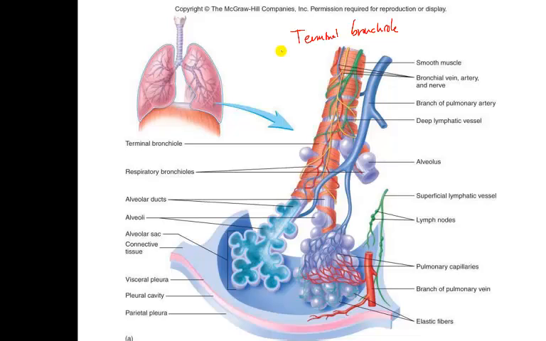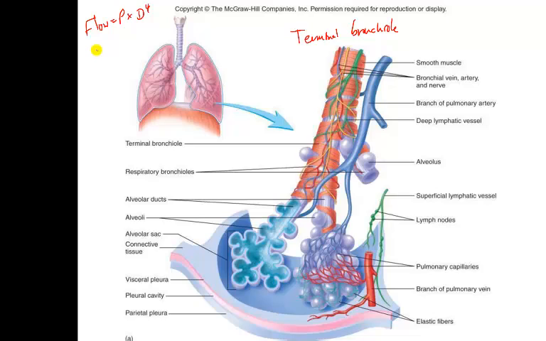And as you know, air is just a fluid passing through tubes, and anytime you change the diameter of a tube, you're going to severely affect the flow, right? So we said flow is equal to pressure times diameter to the fourth. So if you narrow the diameter even a little bit, you're going to get a big drop in flow, right?